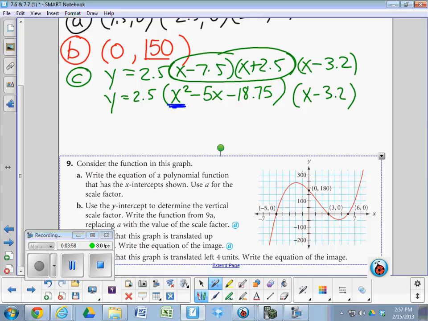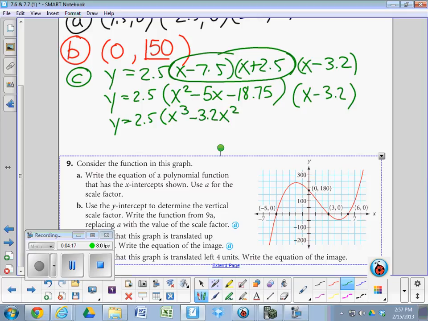Here's what you basically do. Take x squared and distribute it to both of these guys. Leave the 2.5 out front. It's going to be x cubed minus 3.2x squared.